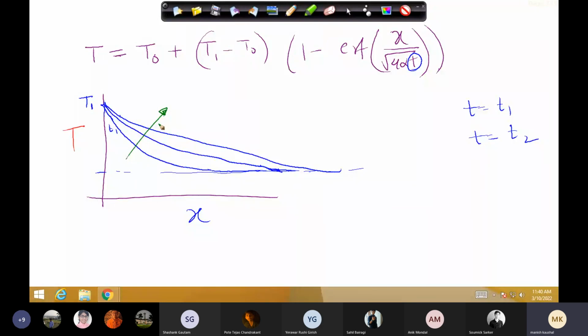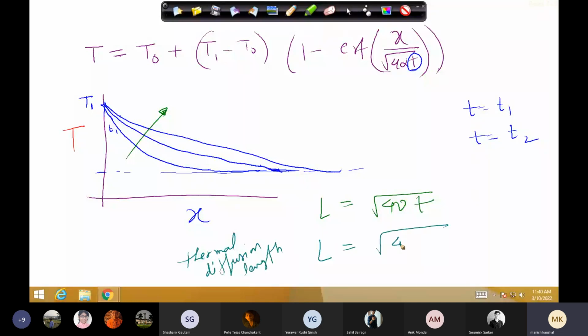What else can I tell you? Yeah, so the way you have seen that we have this momentum diffusion length scale, root 4 nu t, that if you know the time, you have a rough idea of up to what length momentum has diffused. Similarly, here we have a thermal diffusion length scale, and this is root 4 alpha t.